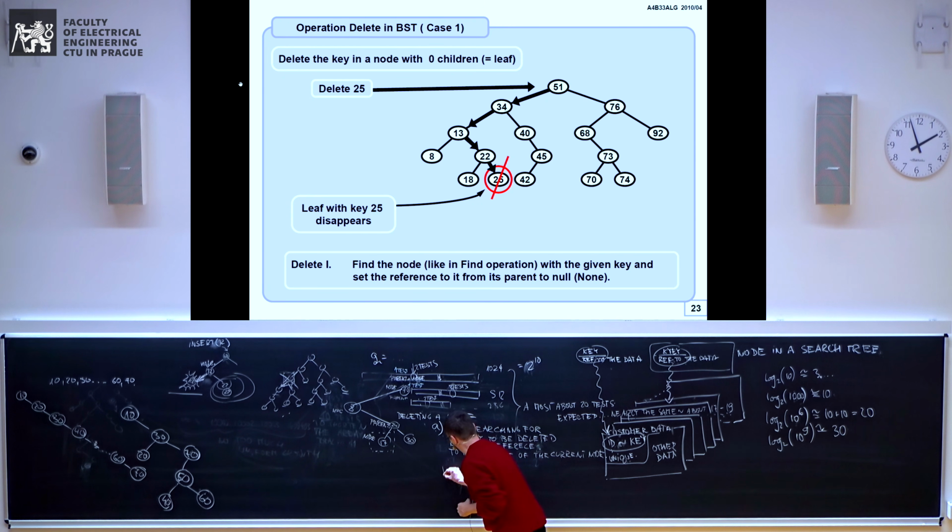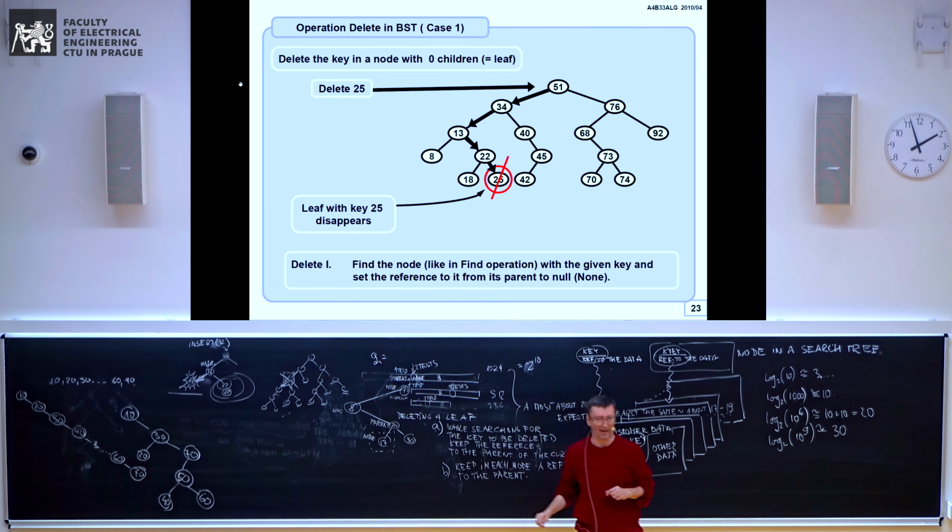Variant B, another possibility, is to keep in each node a reference to the parent, of course.